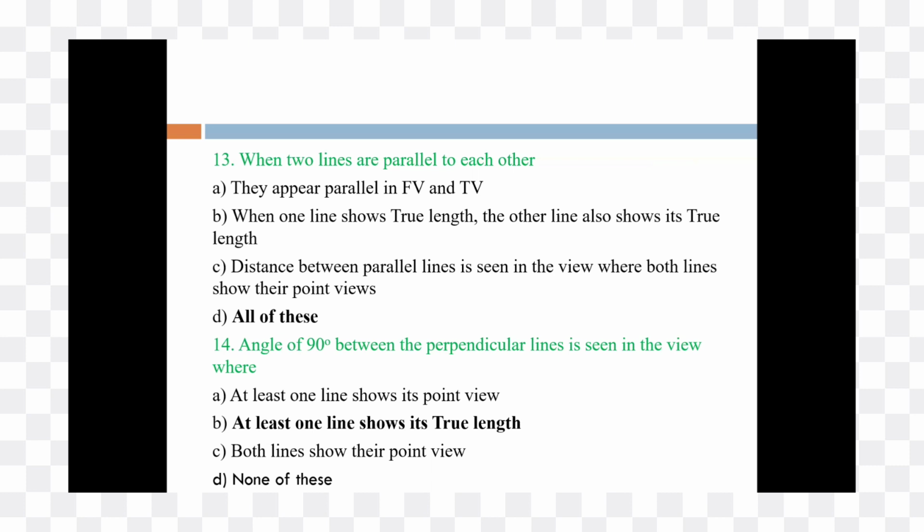Or, out of the two lines, at least one line must show its true length. Then we can see the 90-degree angle between the two lines. So that's why option B will be correct: at least one line shows its true length. Let's see the next one.